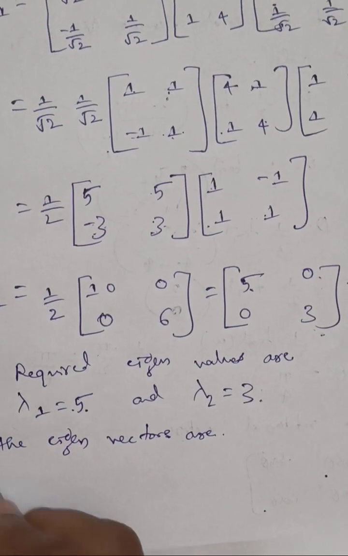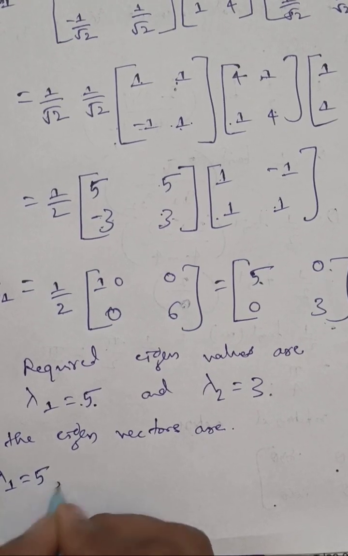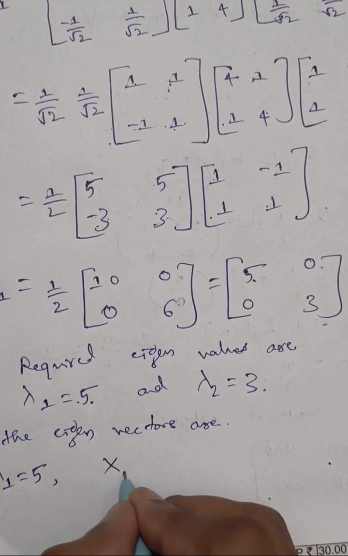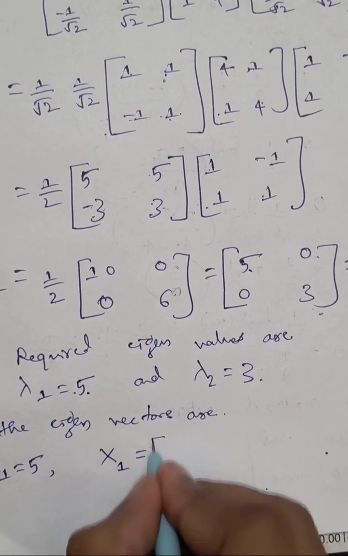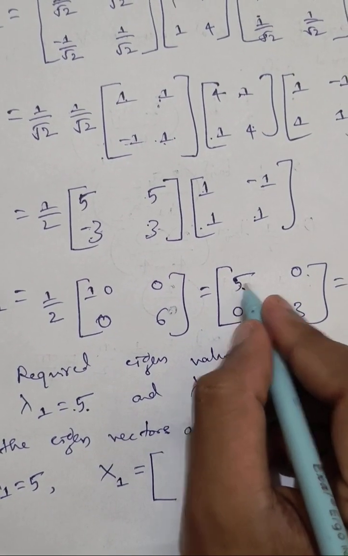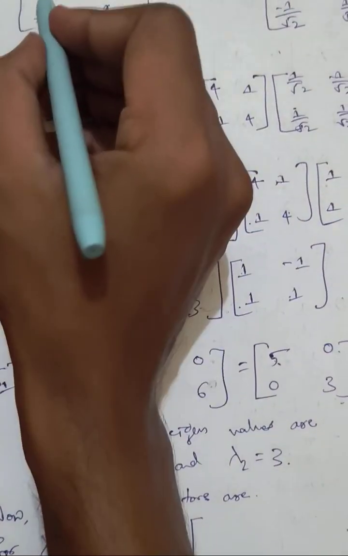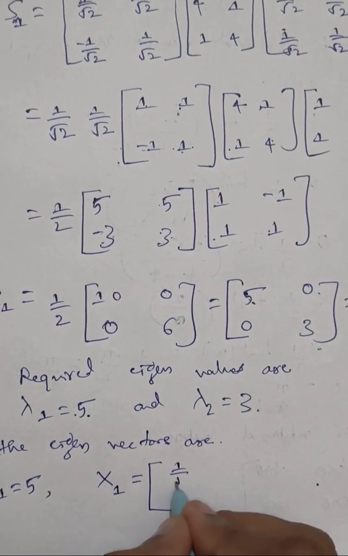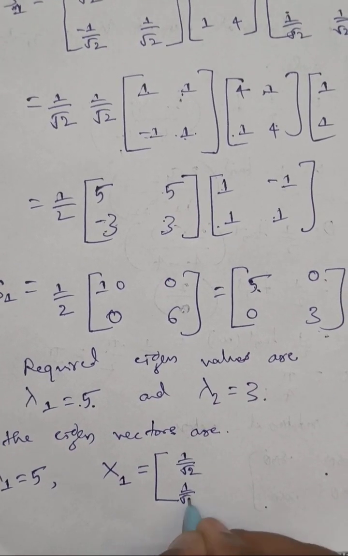So for lambda 1 equals 5, what is the eigenvector? The eigenvectors are usually denoted by X, capital X. So x1, the first eigenvector: this 5 is situated in the first row, first column, so the first column in the S1 matrix is 1 by root 2, 1 by root 2. So that is the first eigenvector.